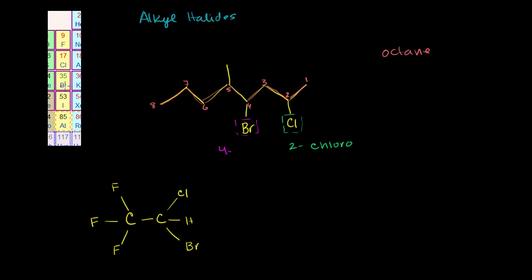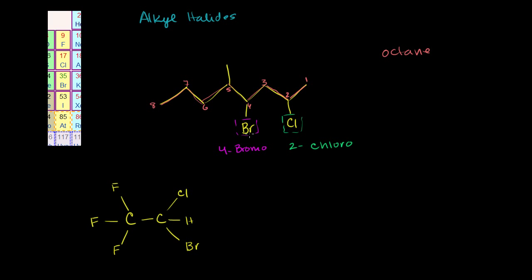The actual element is called bromine. We change the ine to an o, so this is bromo. And B comes before C.